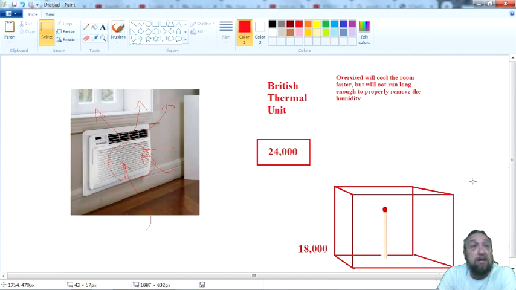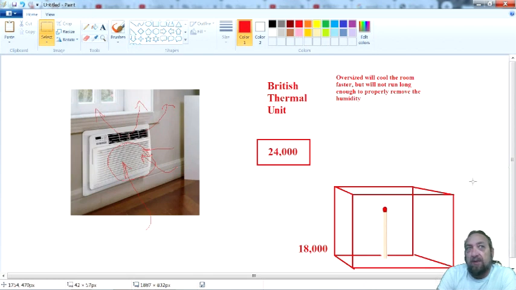Instead of taking an hour to remove that heat, it removes it in 20 minutes. Well, not only does an AC remove heat from the air, it also removes humidity. And if an air conditioner doesn't run long enough, the humidity will collect everywhere in the house and you'll start having mold issues in your vents, mold in the AC unit, because it will not remove the humidity. It'll feel cold, but it'll feel damp and wet.